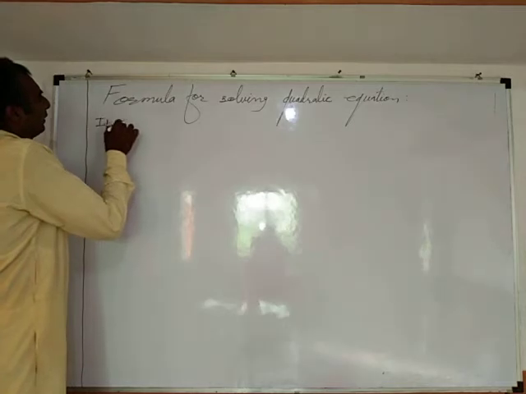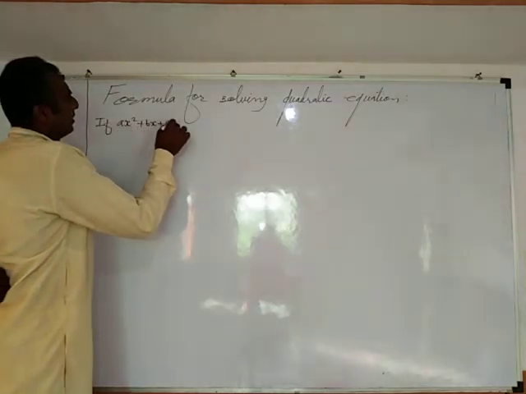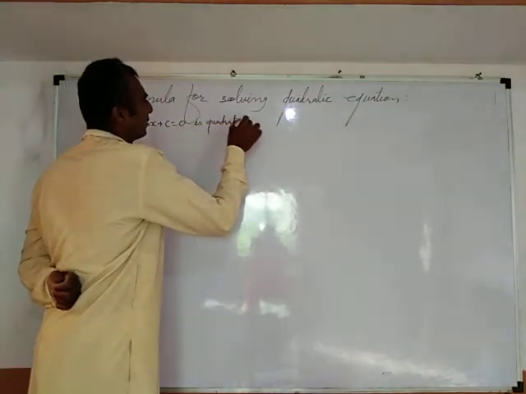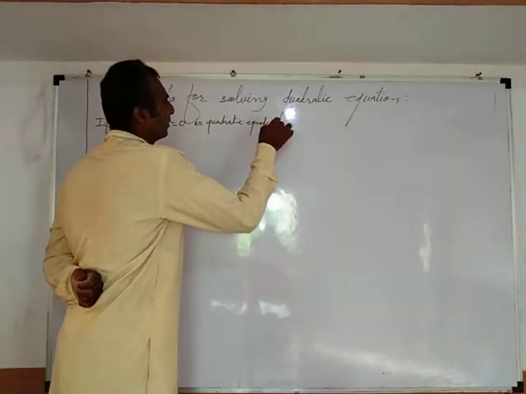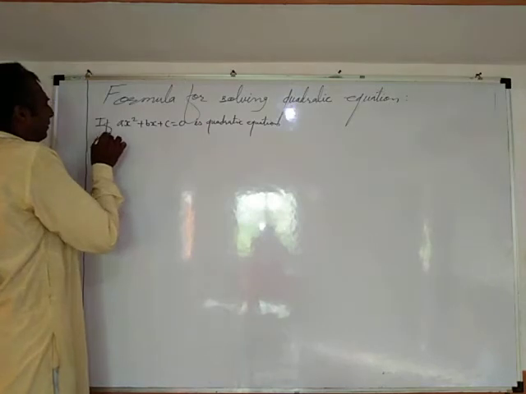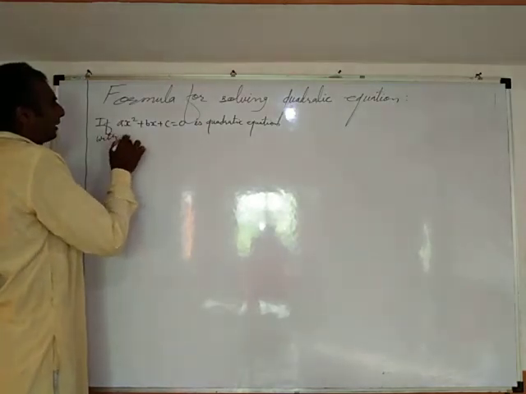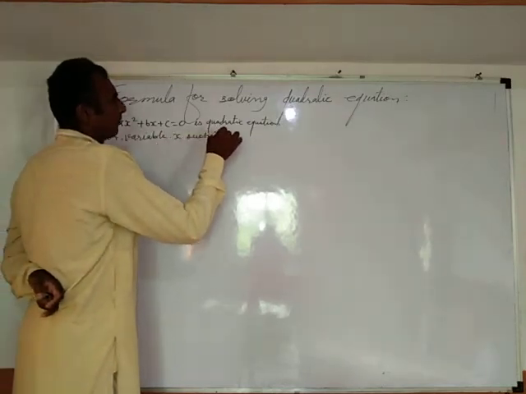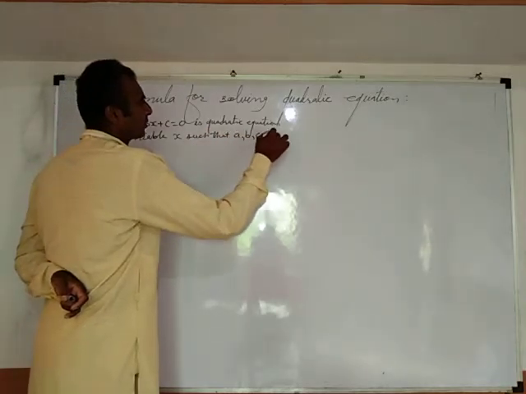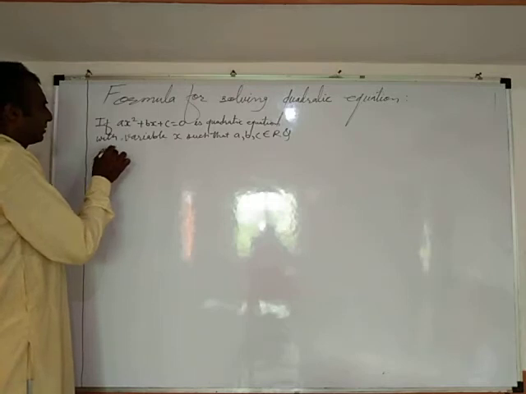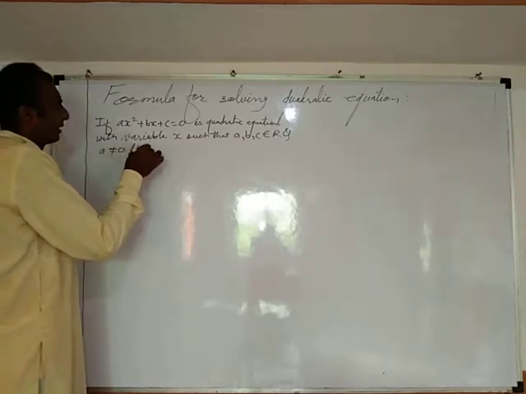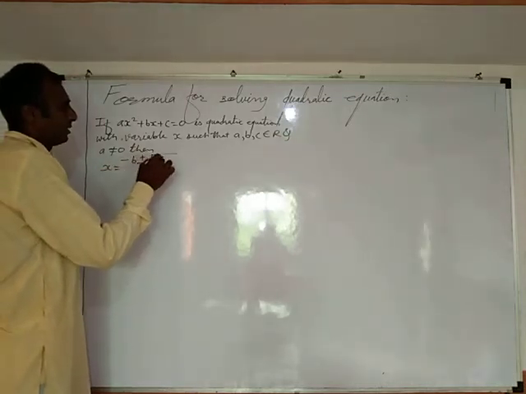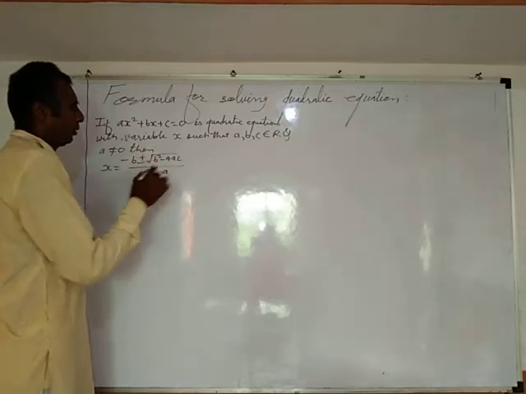If ax square plus bx plus c equal to 0 is a quadratic equation with variable x, such that a, b, c belong to R and a is not equal to 0, then x equals minus b plus or minus under root b square minus 4ac upon 2a.